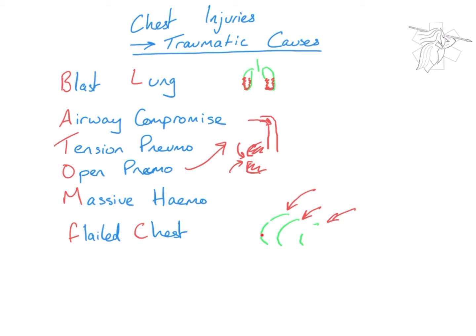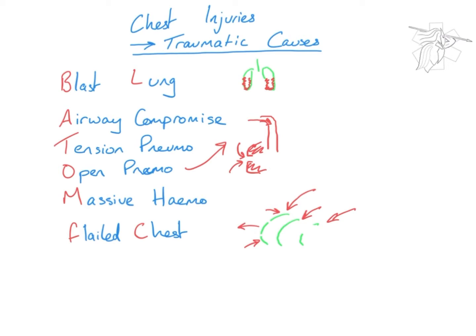What will happen is you'll get paradoxical chest movement. As this portion of the rib expands, and this portion of the rib expands because it's attached to the chest as normal, you've got this free floating segment here doing whatever it wants. Whilst these two portions of ribs are expanding or relaxing as normal with breath, this section will move independently and in the opposite direction.